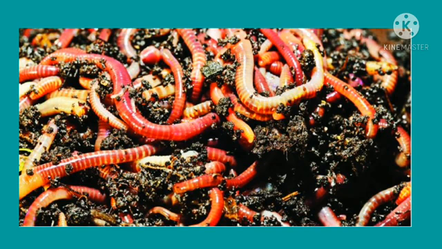How does it occur? The earthworms feed on the organic waste and excrete it in digested form known as castings. This compost is generally called vermicompost.